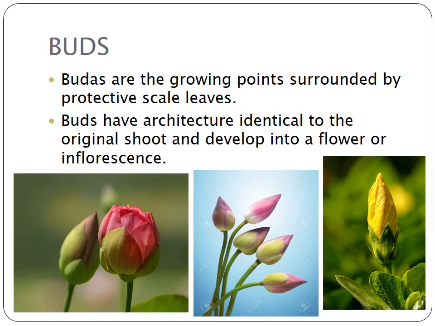Now we are going to see about buds. Buds are growing points surrounded by protective scale leaves. Buds have architecture identical to the original shoot and develop into a flower or inflorescence. Based on function, buds are classified into two: vegetative bud, and floral or reproductive bud.